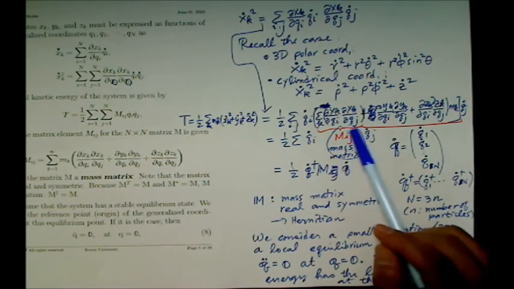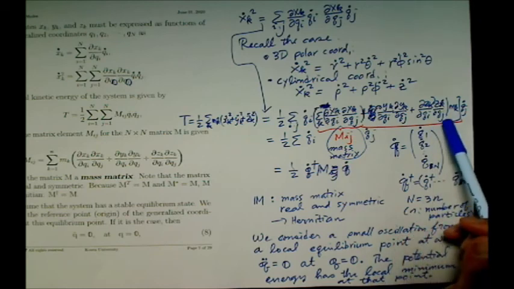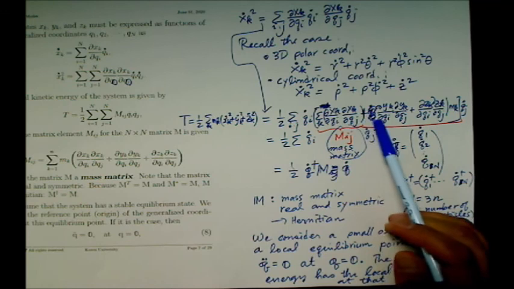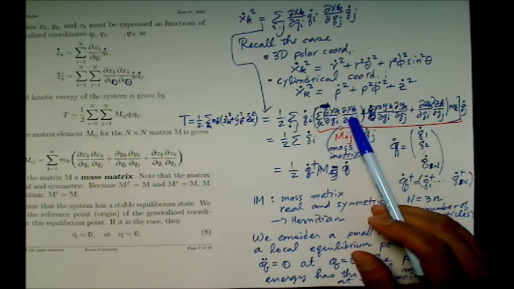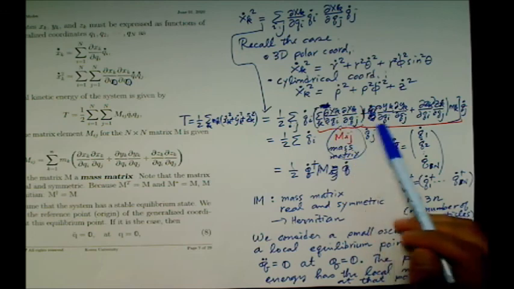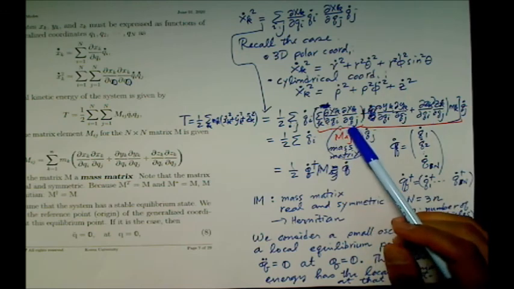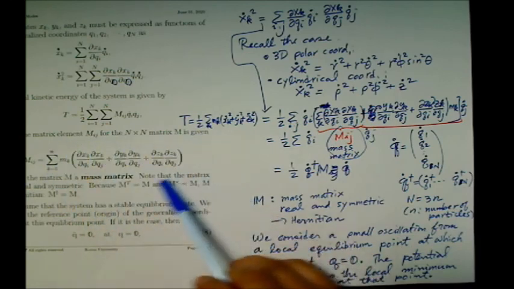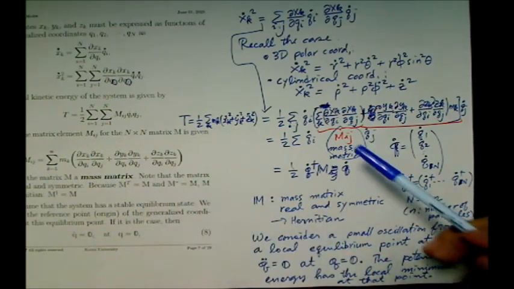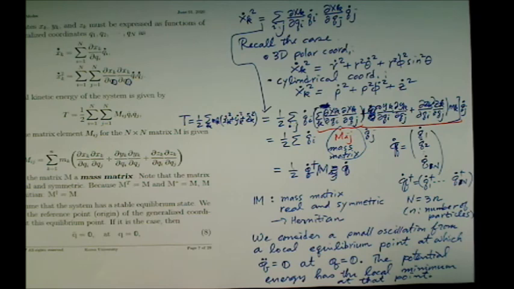There is a complicated object that has the mass of each particle and the relationship from the Cartesian coordinates to the generalized coordinates, and this is the exact expression for the mass matrix.